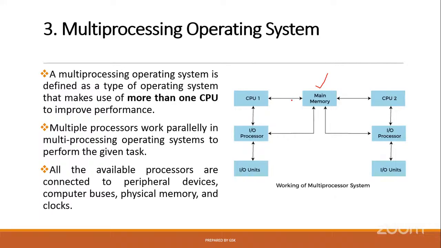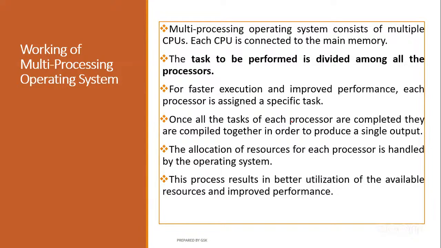CPU cannot access the secondary storage device directly. That's why, even though we are using multiple processors, the main memory is maintained as a single component. Only a single main memory is maintained. So this is about multi-processing operating system.